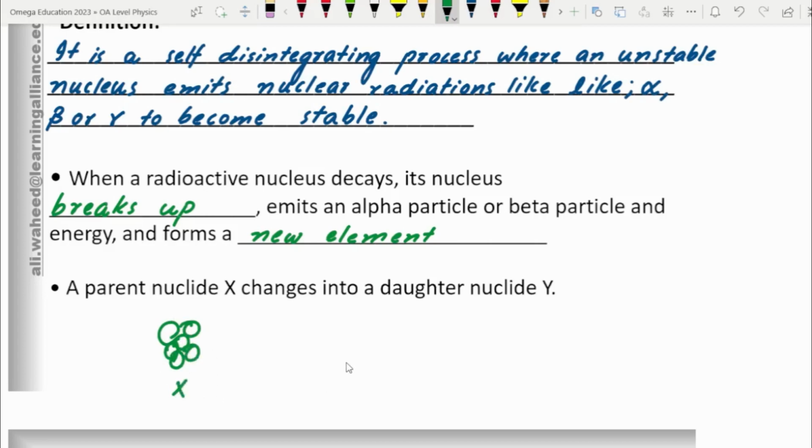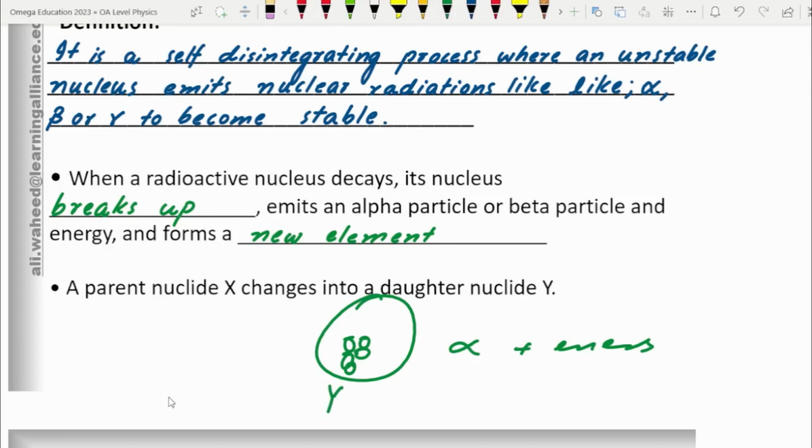Once it decays and is converted into this one, with the emission of an alpha particle plus energy, this new atom would now be a different element. We call it a daughter nuclei. So before the radioactive decay, the nuclei that you were having were parent nuclei, and after the process they are converted into daughter nuclei.